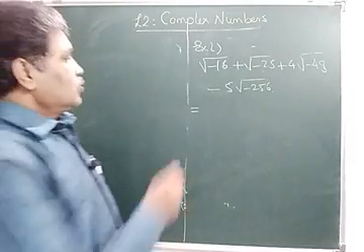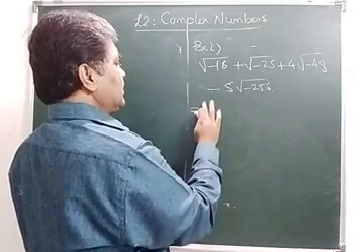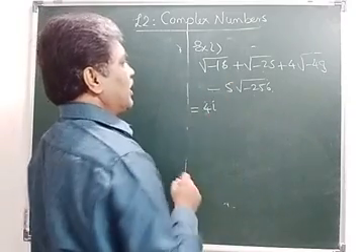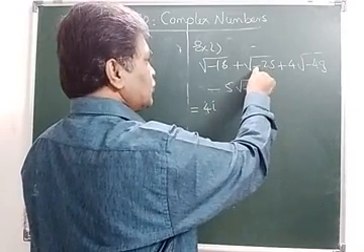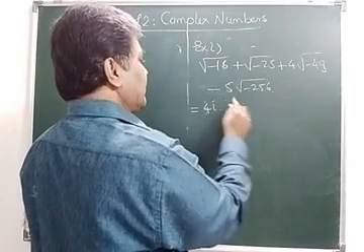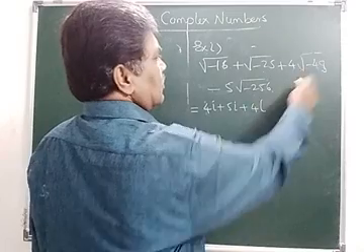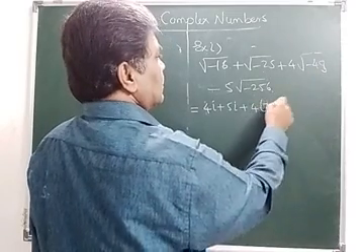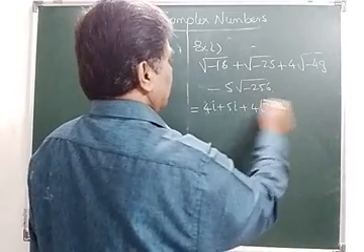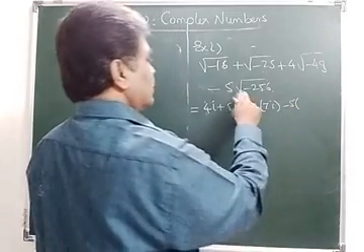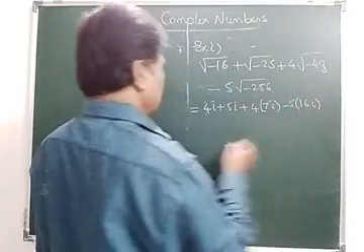So square root of minus 1 is i, and square root of 16 is 4, so this is 4i. Likewise, square root of 25 is 5 and square root of minus 1 is i, so it is 5i. Then 4 times square root of 49, which is 7i, minus 5 times square root of 256, which is 16i. And then you can easily simplify it.